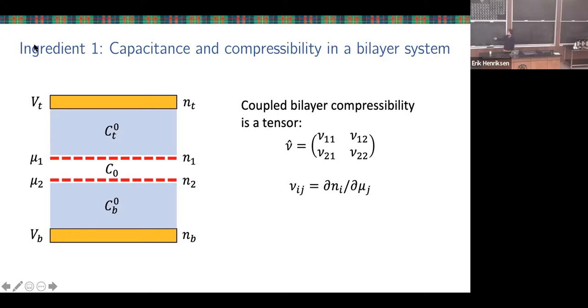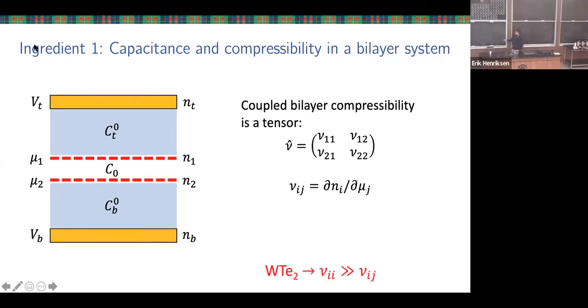So this new 1,1, for example, is how the charge changes on the top layer versus the chemical potential on the top layer, and the off-diagonal terms are something like how the density changes on the top layer if the chemical potential changes on the bottom layer. So it can be quite a complicated expression to derive the compressibility in this system.